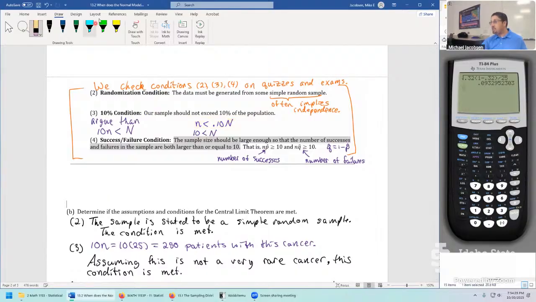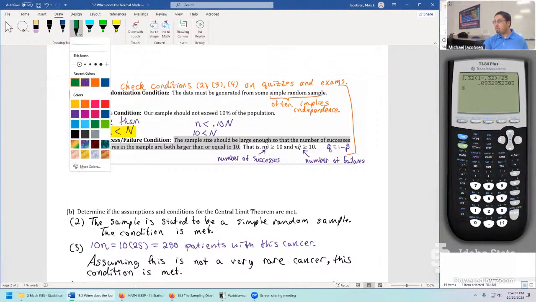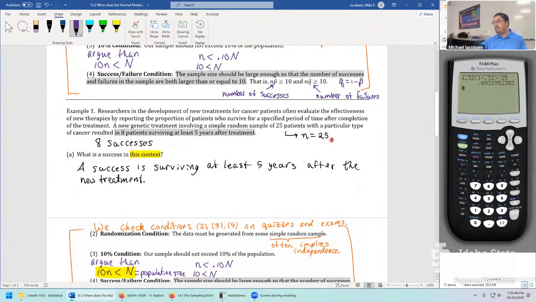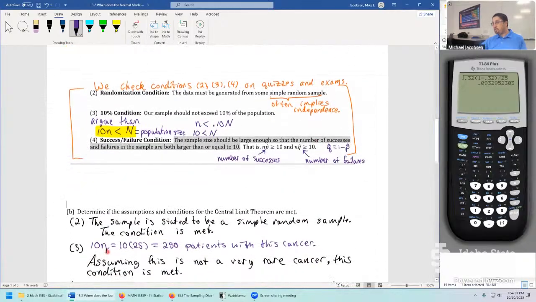So the big punchline is that to make sure your sample does not exceed 10% of the population, you just have to argue that 10 times n is less than uppercase N, where this is the population size. So our problem had a sample size of n is 25. That means we took 10 times n, it got 250. And so that would mean we're looking at 250 right here.